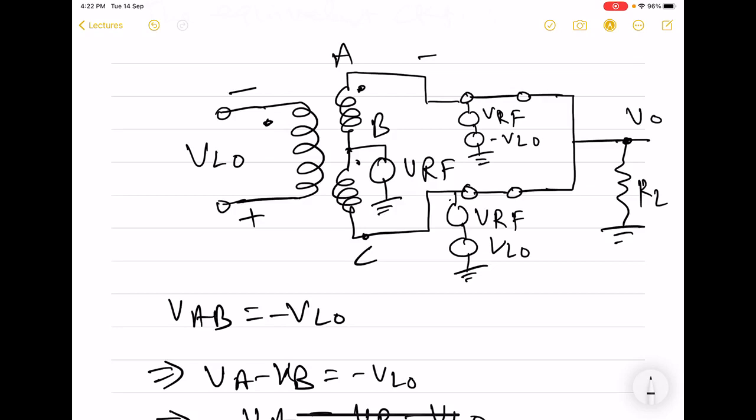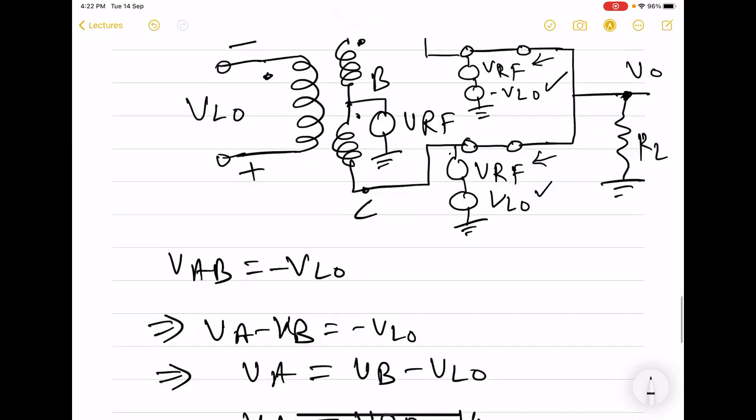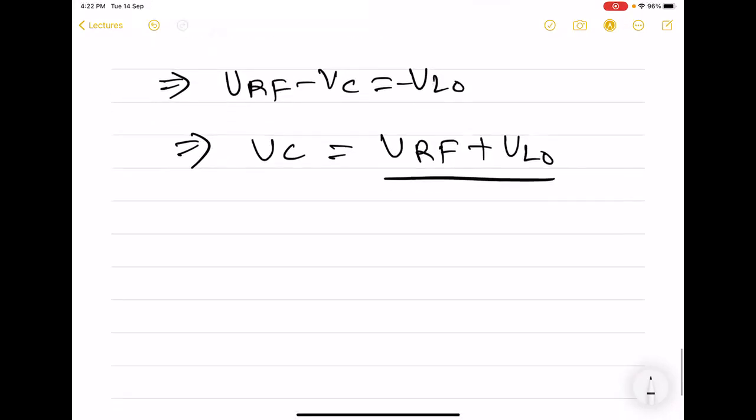So the voltage that we will see at the output is going to be VRF, because the LO voltages are of opposite polarity, so their contribution at the output node is going to be 0, while the RF voltages are of the same polarity, so as if they are connected in parallel to the output node.